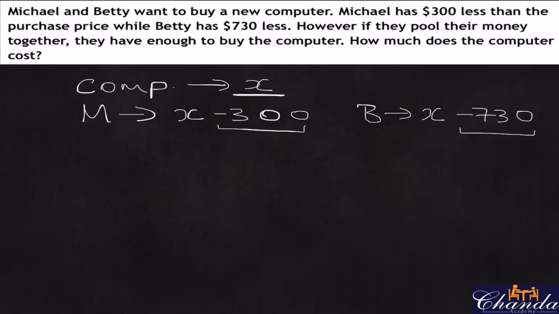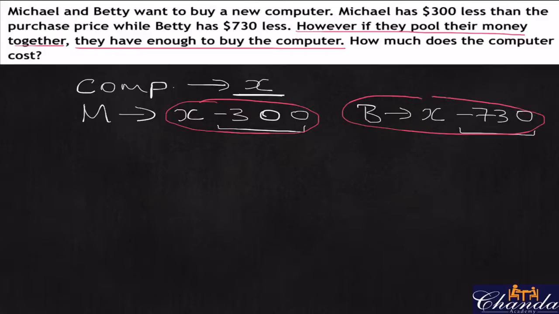Now, the next part of the question, which is a very important part, it says, however, if they pool their money together, they have enough to buy the computer. So, if we add up what Michael has and we add up what Betty has, we will have the cost of the computer. So, basically what this means is Michael plus Betty is equal to computer.